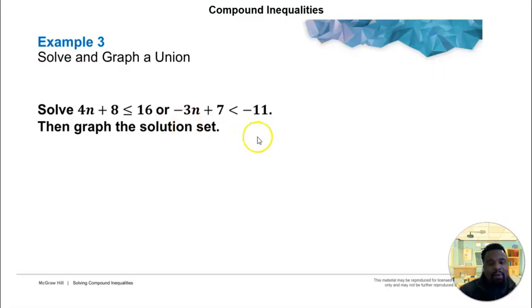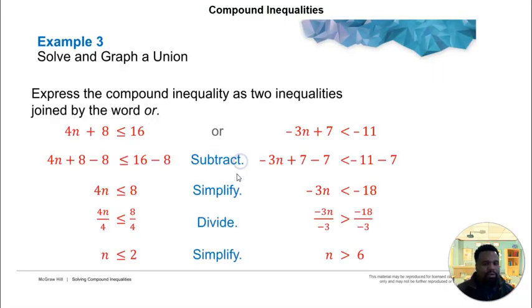And then if I divide both sides by negative 3, remember, anytime you multiply or divide by a negative number, your inequality symbol flips. So instead of being less than, it's going to be greater than. So n would be greater than 6. This is how it looks when we solve both. And so n would be less than or equal to 2, or n is greater than 6.